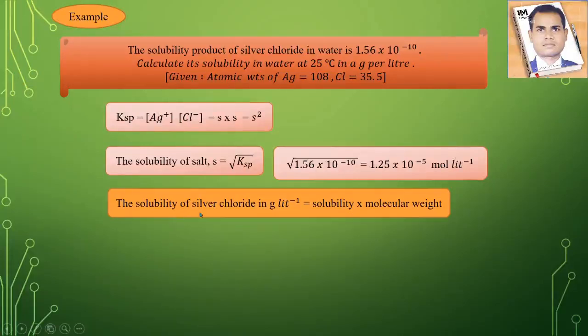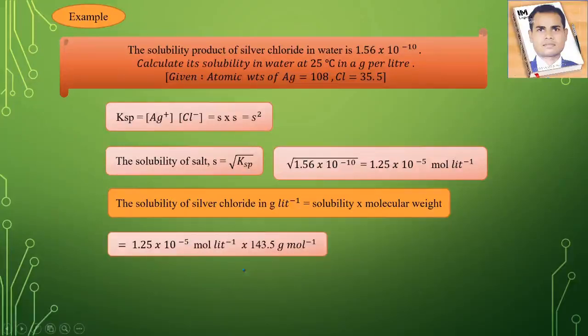And for the solubility of silver chloride in gram per liter, we have to take the formula: solubility times molecular weight. We have to add both atomic weights to get the molecular weight of silver chloride, and put in the solubility we calculated from Ksp.